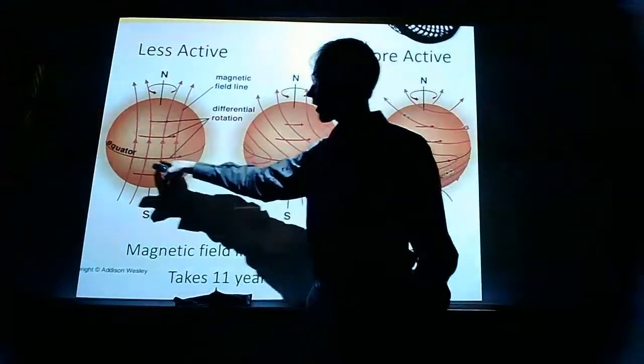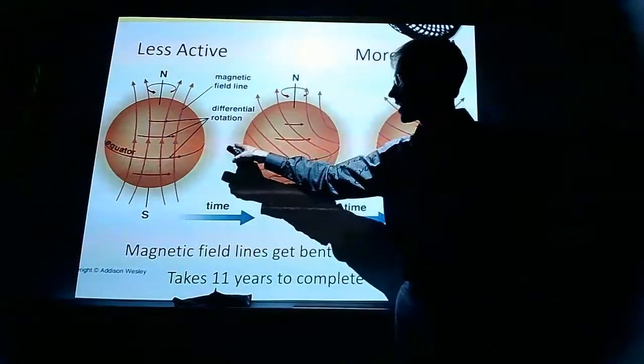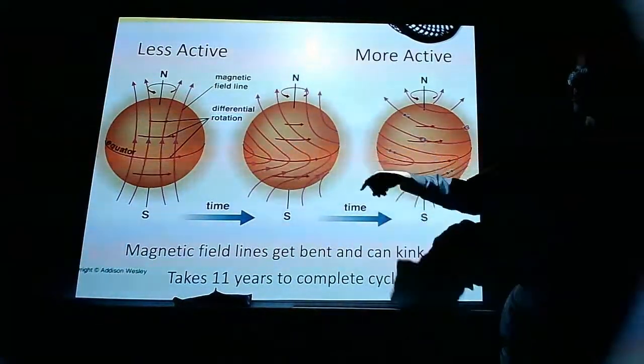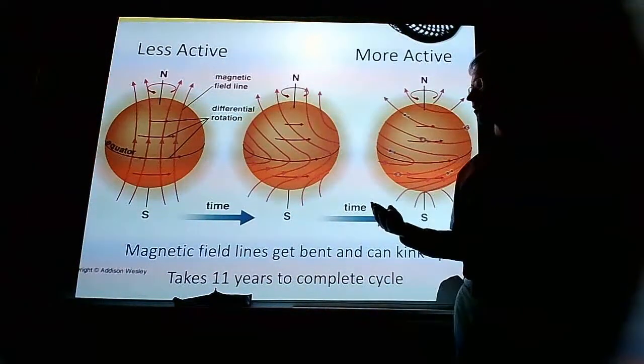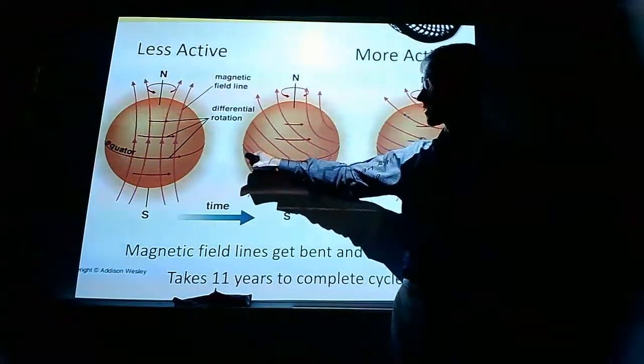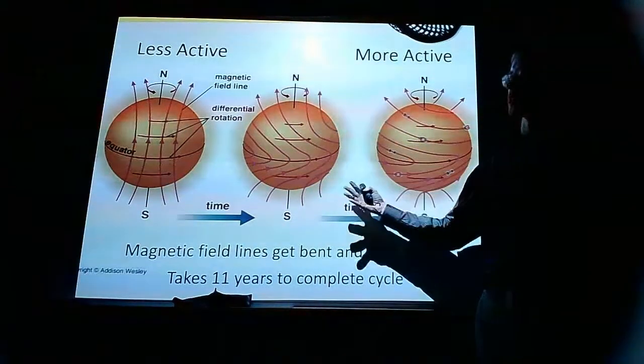And so if the equator is spinning much faster than the poles, it drags those magnetic field lines along with it. Because again, the sun is made up of plasma, those ionized particles. So they interact with that magnetic field, and in this case, they actually drag it along.